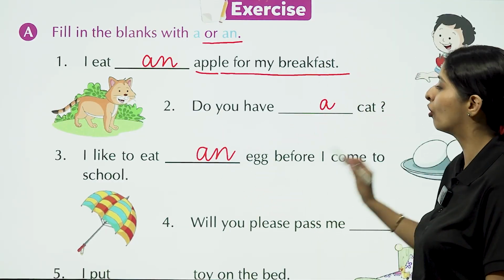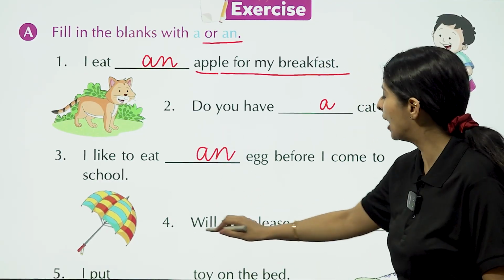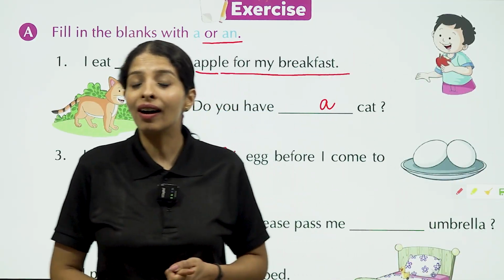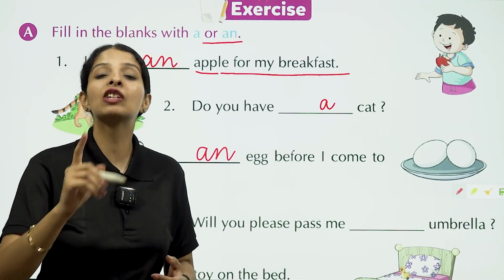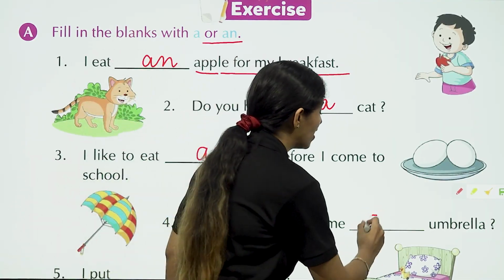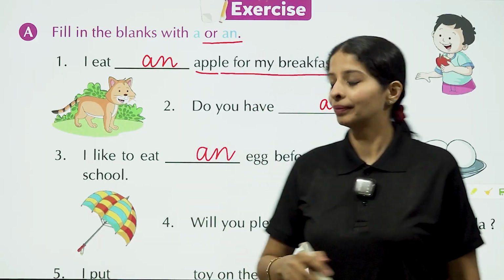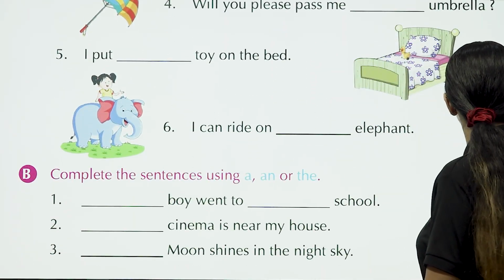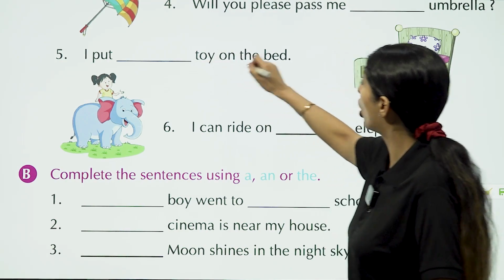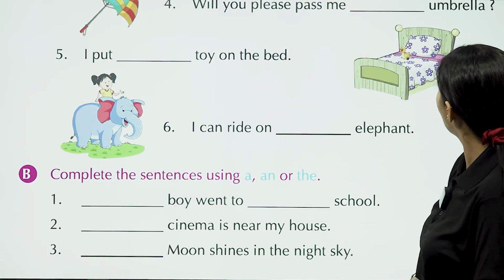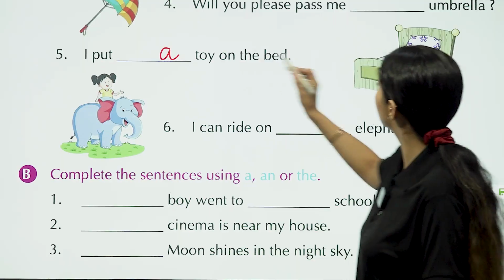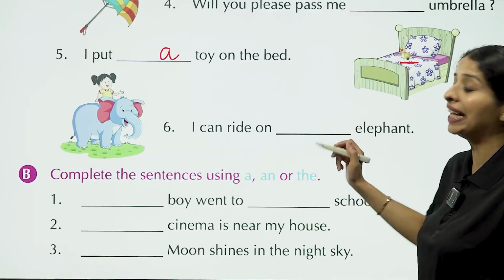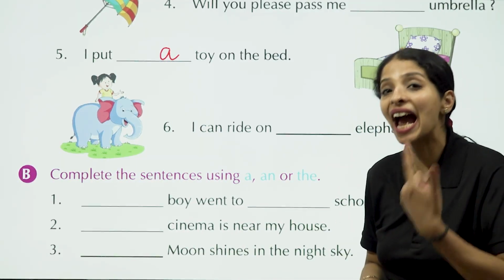An egg before I come to school. Will you please pass me dash umbrella? An, a or the? An, it is a vowel sound. So an umbrella. Next, I put dash toy on the bed. I put a toy, a single toy is here, a toy on the bed. I can ride on an elephant.